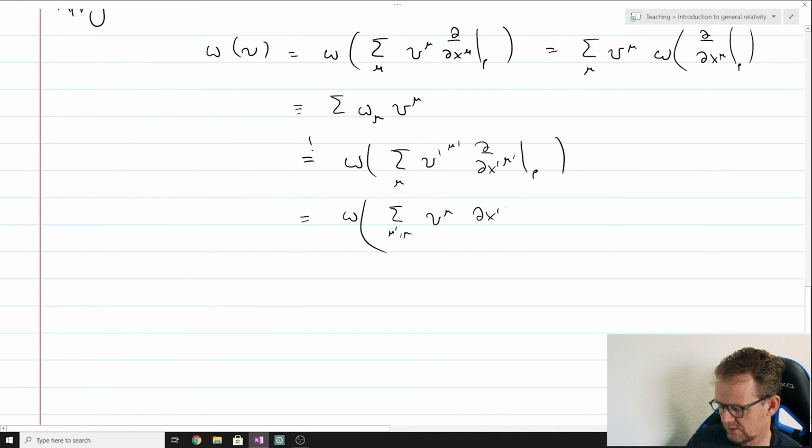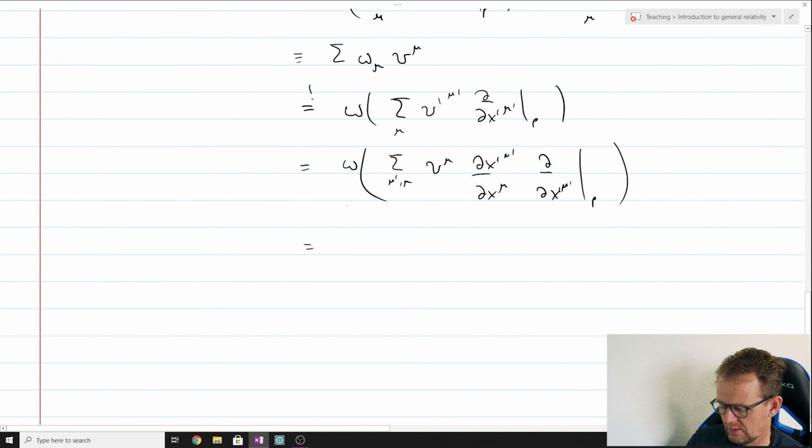So we can also equivalently write the vector here as this linear combination of basis vectors. Oops, there's indeed a prime missing here.